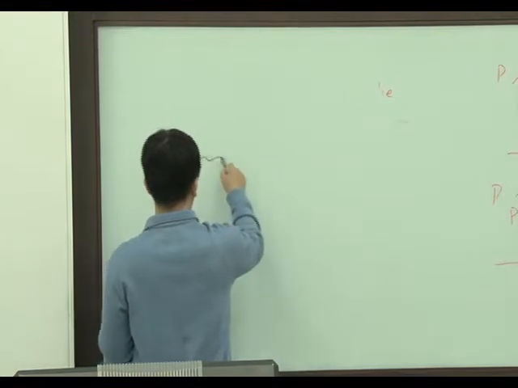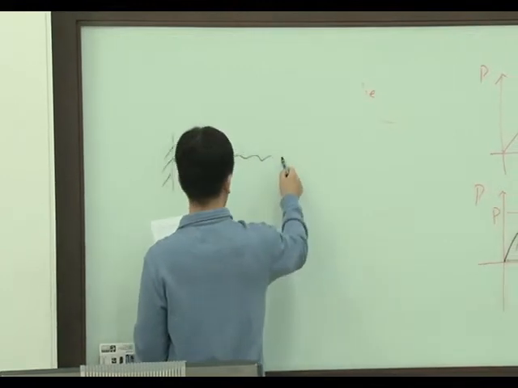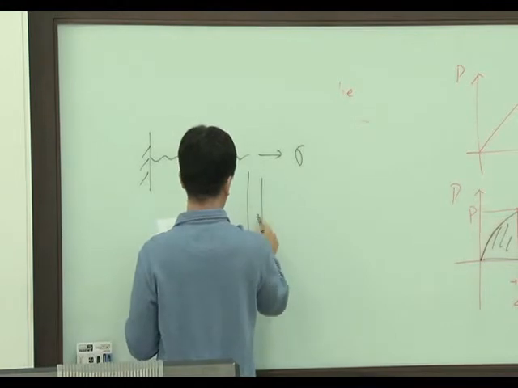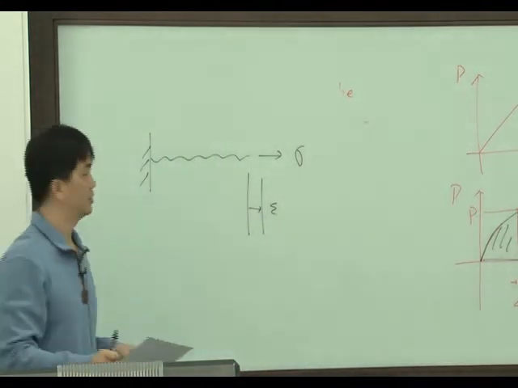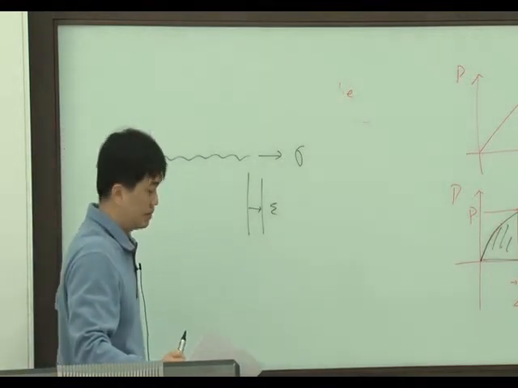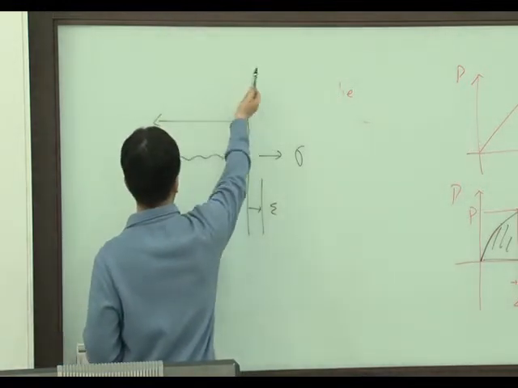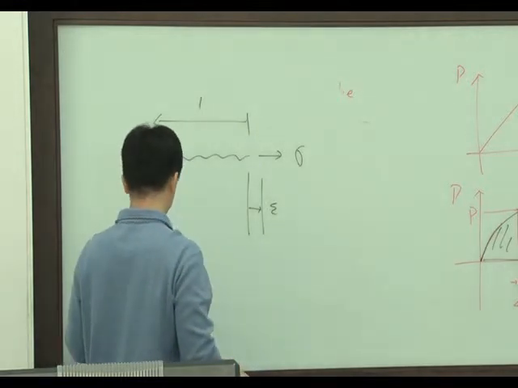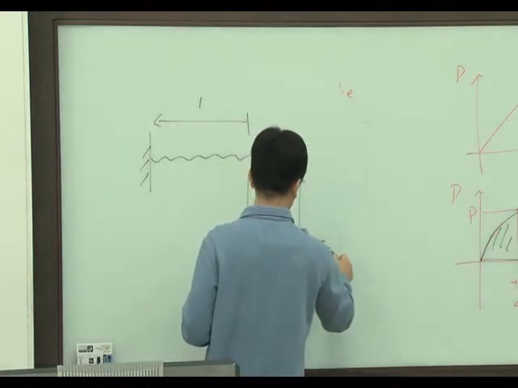So here we have a spring, and we can apply the stress, and the displacement is the strain. Let's say this spring has a length of 1. Let's say this is an externally applied stress.